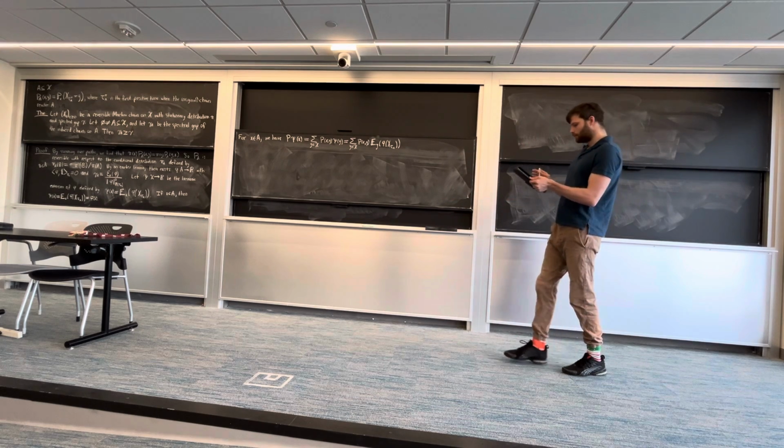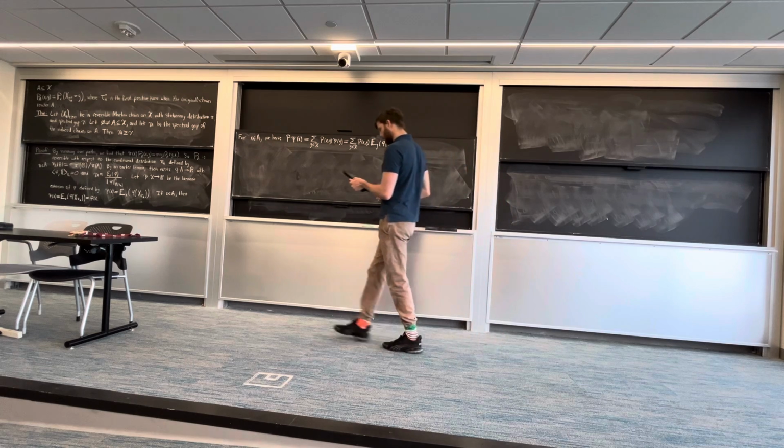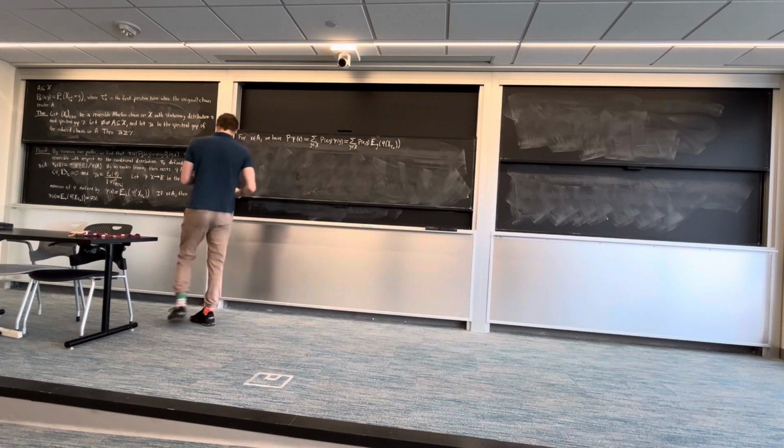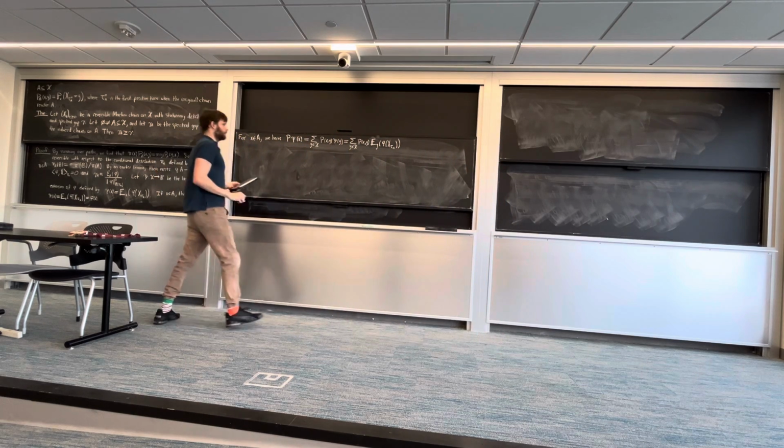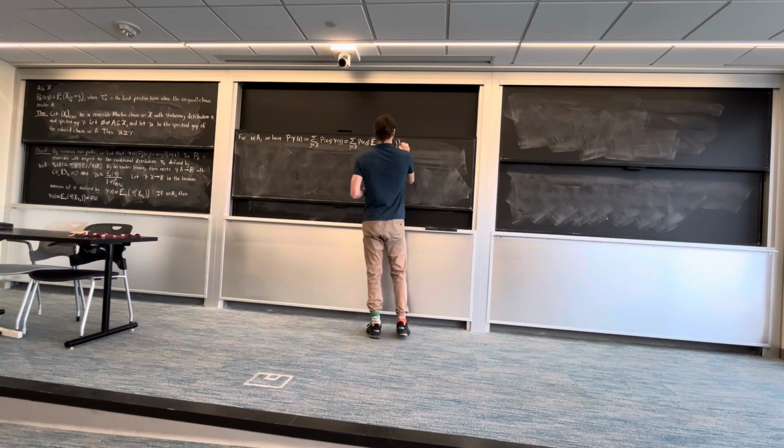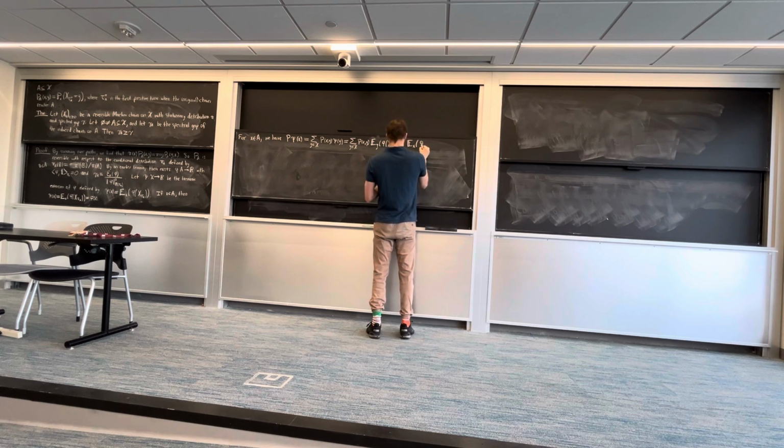But now we can think of this as the expected value. Okay, so let me write this out. I want to say this is the expected value if we start at x of phi of X tau A plus.